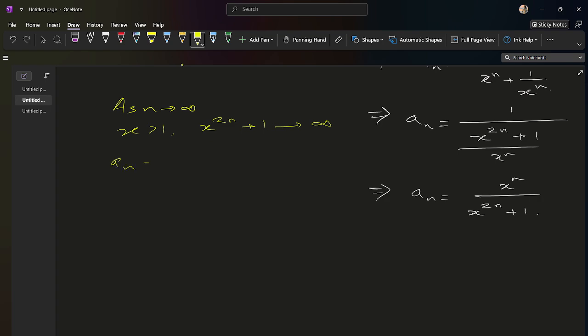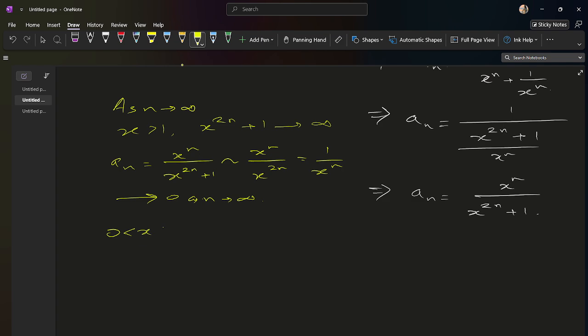So my a n is x to the power n by x to the power 2n plus 1, which is asymptotically similar to 1 by x to the power n. And so we can easily see that a n will go to 0 as n tends to infinity.